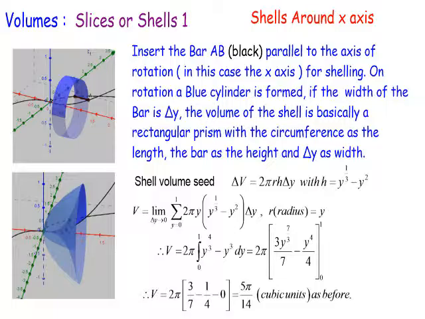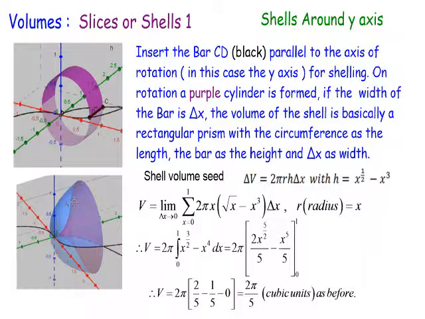Now let's do the last little bit, which is the shells around the y-axis, and you can see here we've got a black CD and we're creating a purple shell, and when we add these up, we are going to get 2 pi on 5 as before as well. But you can see here it is slightly different. The radius is now x, the distance that bar is out from the y-axis, which is x.